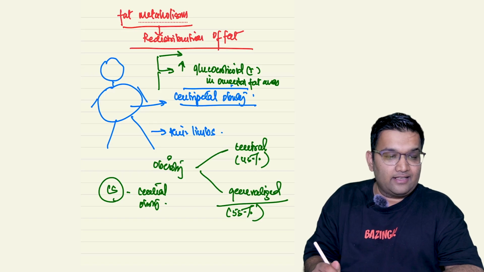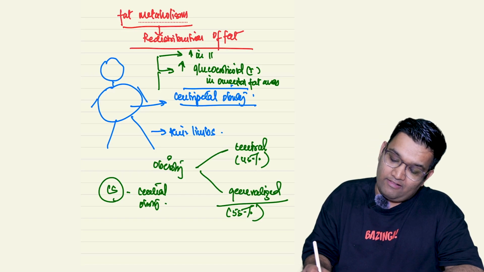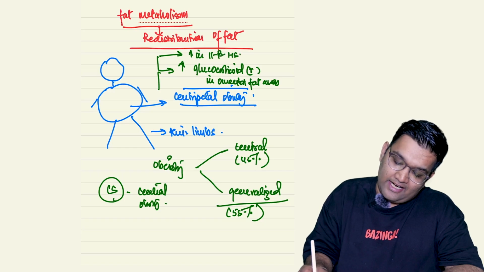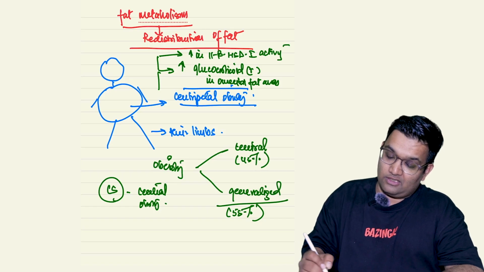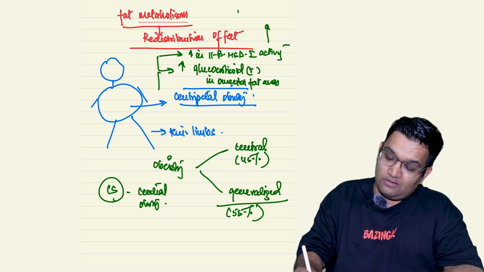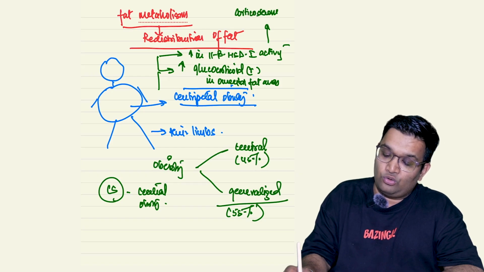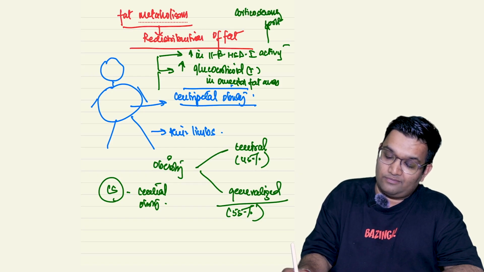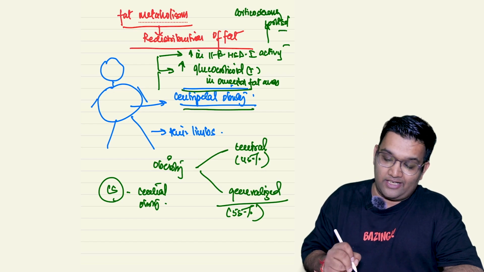The other reason is that there is an increase in 11 beta HSD1 activity, which converts corticosterone to cortisol. Because of these two reasons, there is centripetal or central obesity.